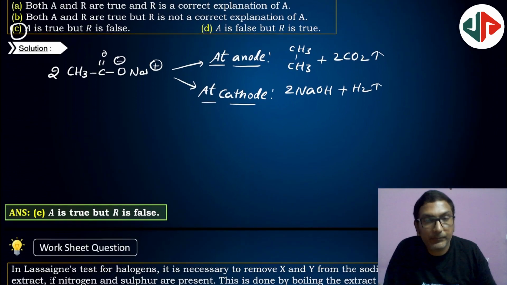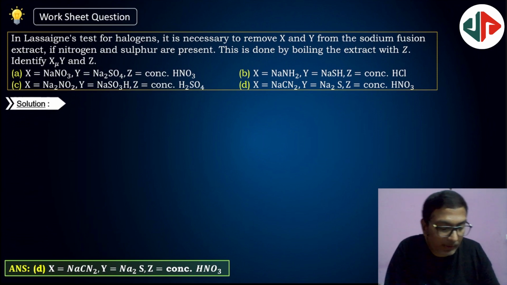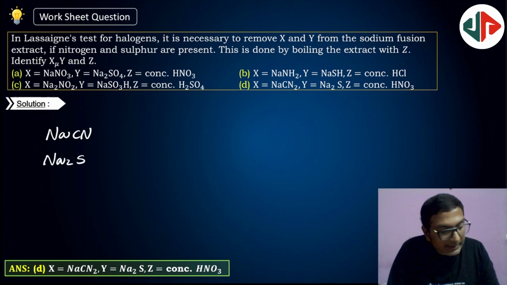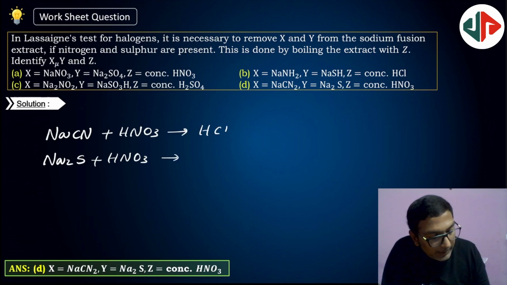Next. In Lassaigne's test for halogens, it is necessary to remove X and Y compounds from the sodium fusion extract. The compounds are NaCN and Na2S. When these are boiled with HNO3, they are converted to HCN and H2S, which are volatile compounds.